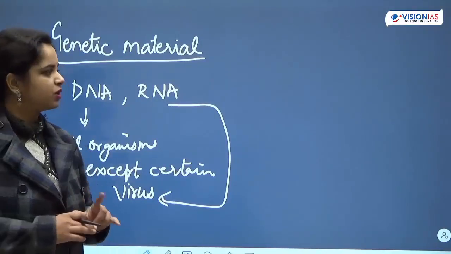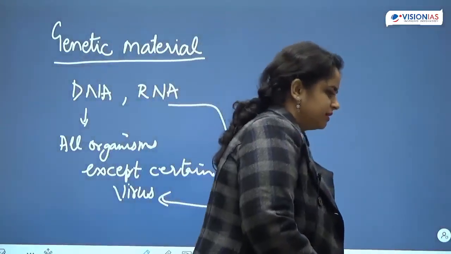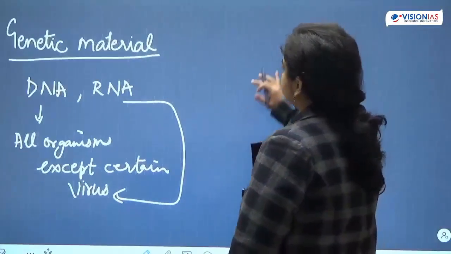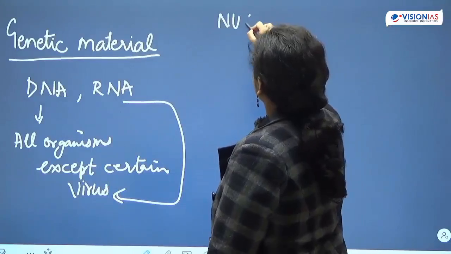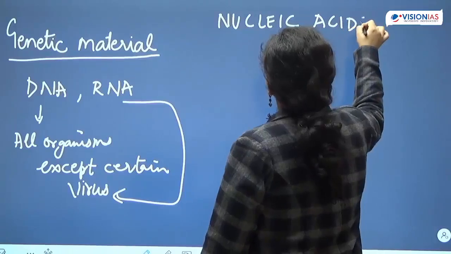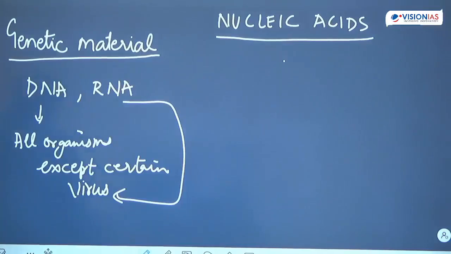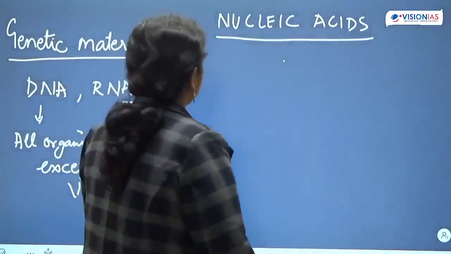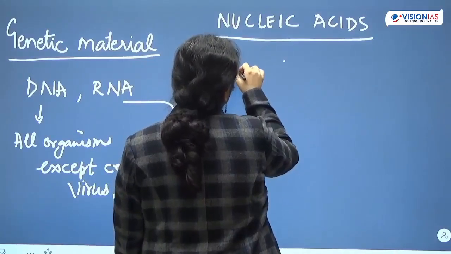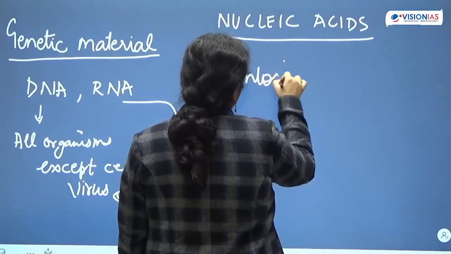Okay, so we are now going to first study the structure of genetic material, or the structure of DNA and RNA. Chemically, they are nucleic acids, and being nucleic acids, they are made up of three components. One is a pentose sugar.